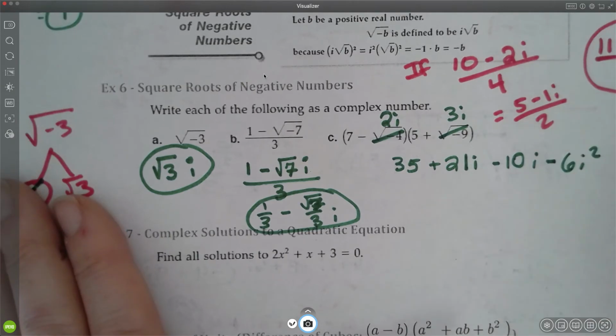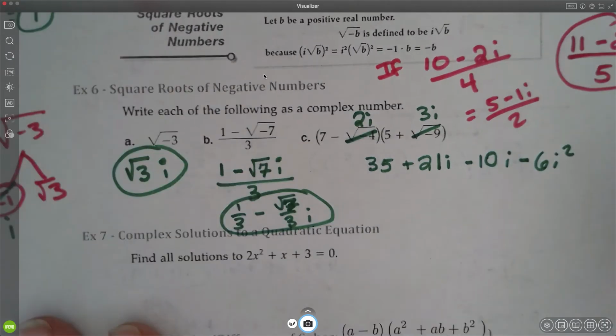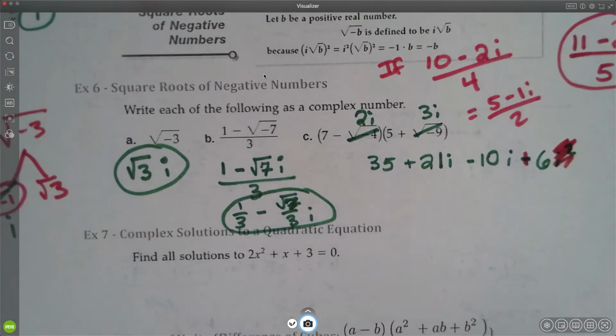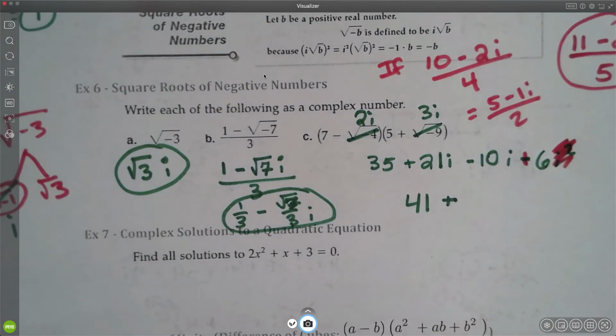Which is just positive 6, because i squared is negative 1, so negative 6 times negative 1 is positive 6. Then simplify. 35 plus 6, 41, plus 21 minus 10, 11i.